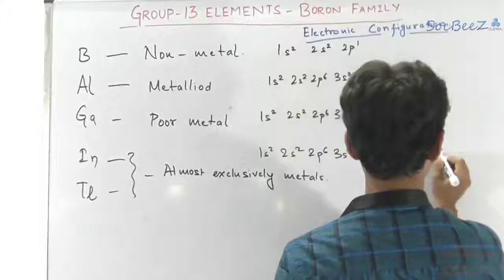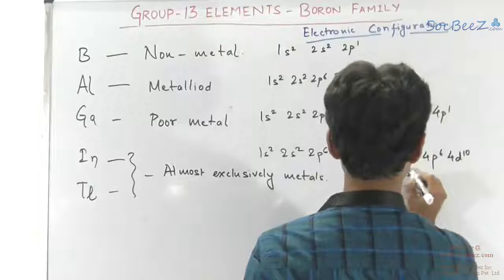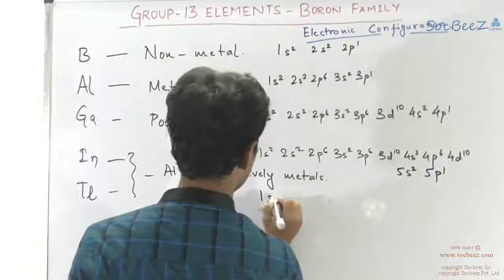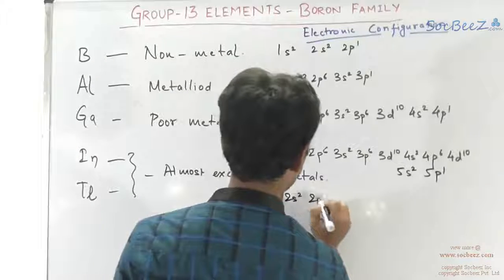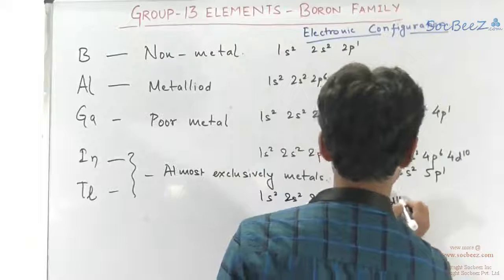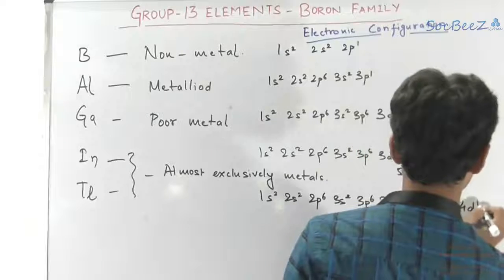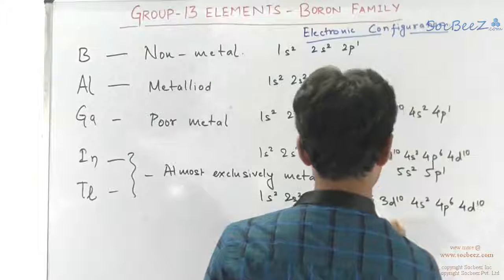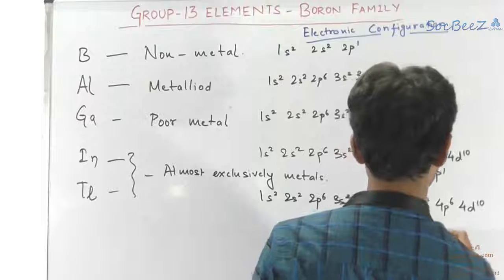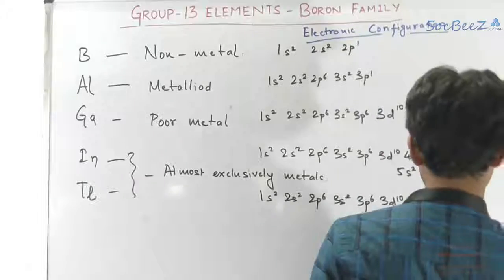4s2, 4p6, 4d10, 5s2, 5p1. For thallium the electronic configuration is 1s2, 2s2, 2p6, 3s2, 3p6, 3d10, 4s2, 4p6, 4d10, 4f14, 5s2, 5p6, 5d10, 6s2, 6p1.